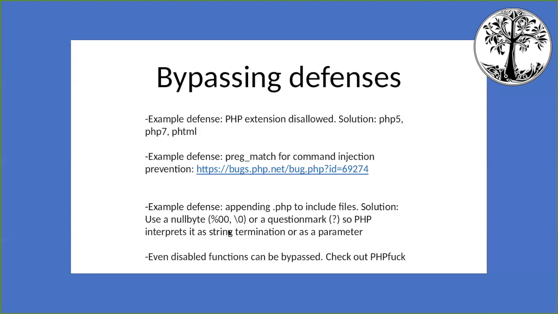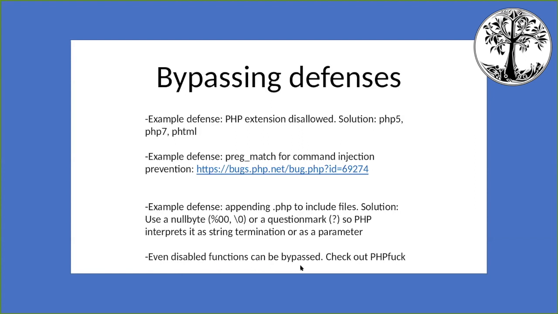But not many people know that you can use question marks to pass the last part as a parameter. This trick is useful when you are including a file and it is appending .php, which is a really common thing that programmers do.